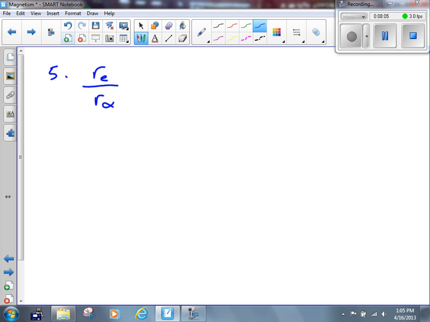So what I'm going to do is try to put in equations for the radius of the electron's path and the alpha particle's path. We know that Fc is equal to Fm. And once again, mv squared over r equals qvb. And v's cancel. Let's solve for r. The r goes up, the qb goes down, it becomes mv over qb.